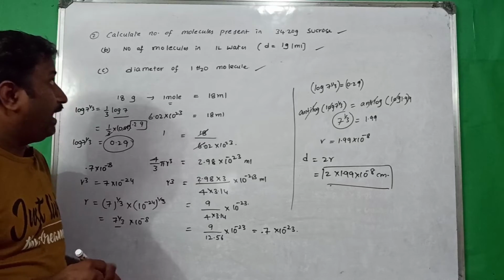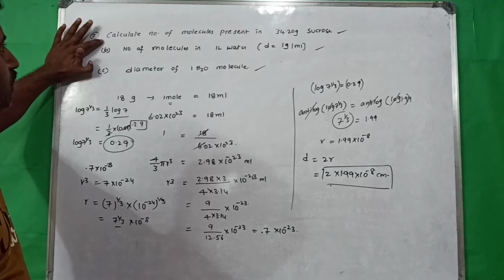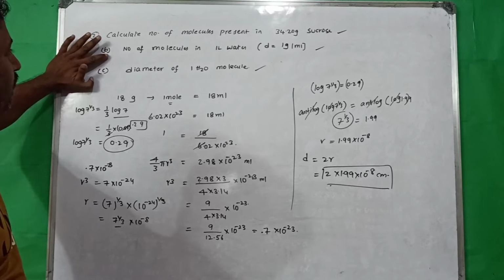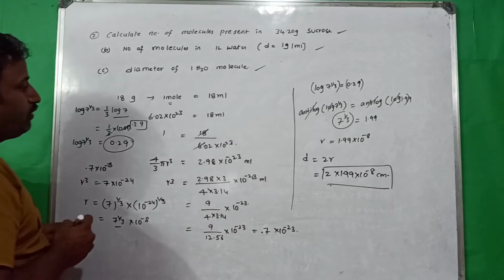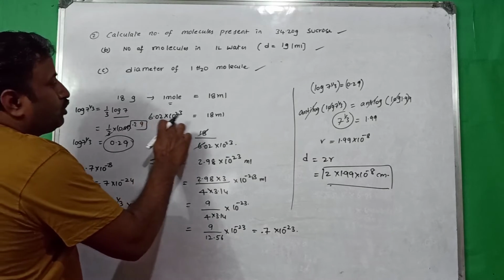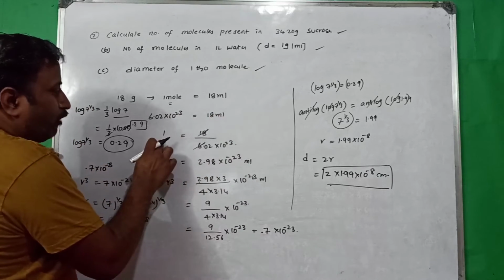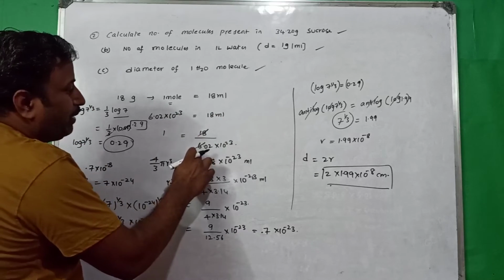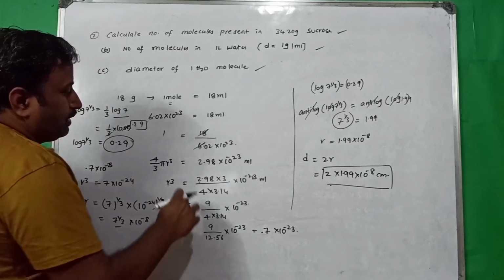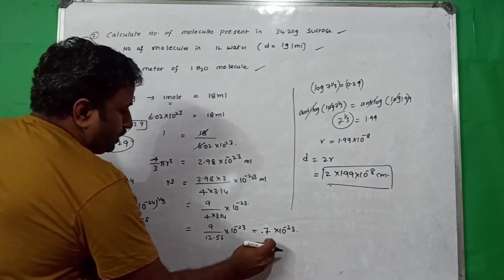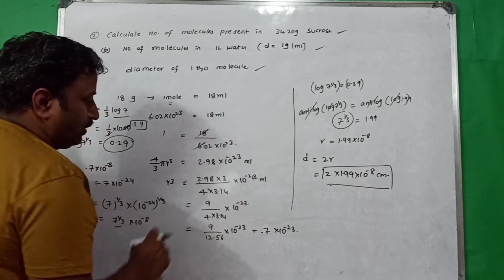So now we have calculated the molecules present in 34.20 grams, the number of molecules in 1 liter water, and the diameter of one water molecule. For this calculation what we did: 6.023 into 10 power 23 molecules, 1 mole is equal to 18 ml. Then 1 molecule is 18 by 6.02 into 10 power 23 ml, that is equal to 2.98 into 10 power minus 23.